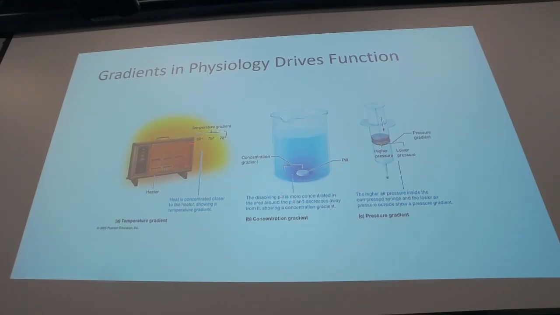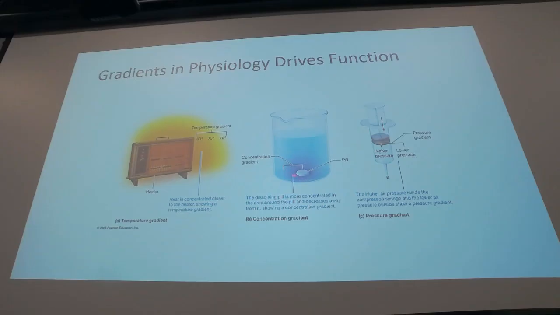And here they give you the example: the area just nearby the heater will have higher temperature, in this case 80 degrees. And as you move farther away from the heater, the temperature will become lower. So the temperature will move from high to low.